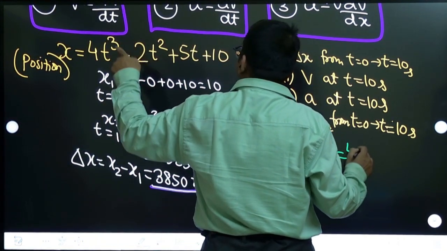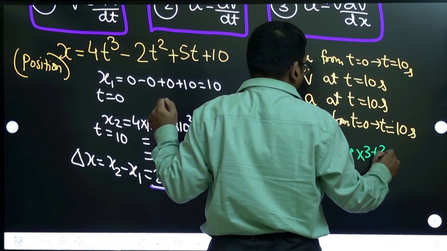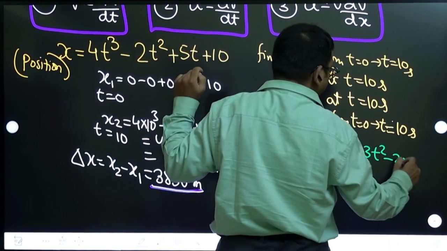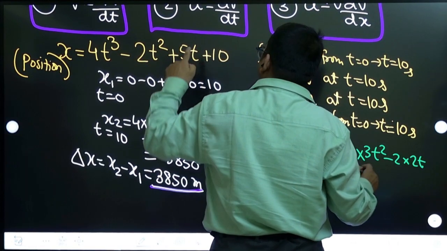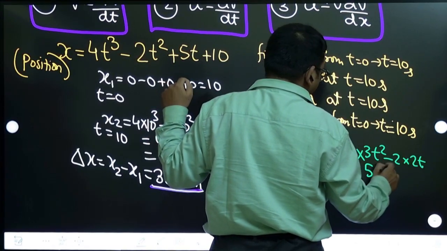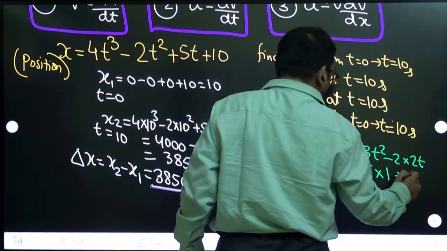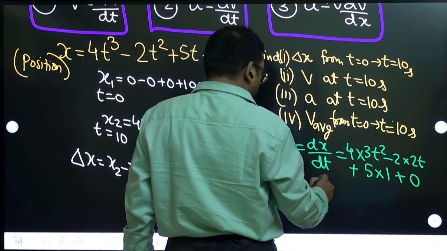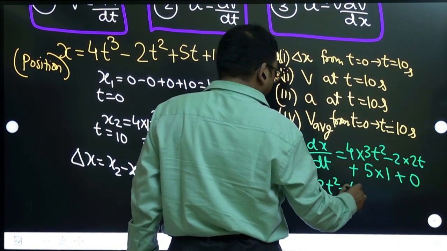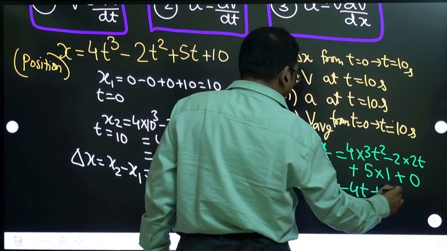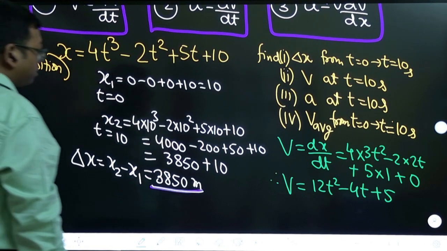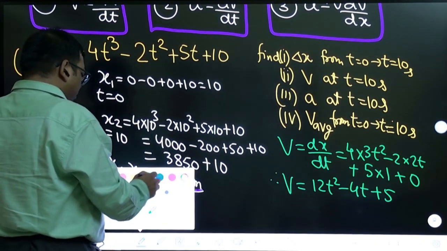T cube differentiation is 3t square. Minus 2 leave it, t square differentiation is 2t. Plus 5 you leave it, t differentiation with t is 1. Constant differentiation is 0. So you got the velocity: 12t square minus 4t plus 5. That's the velocity.